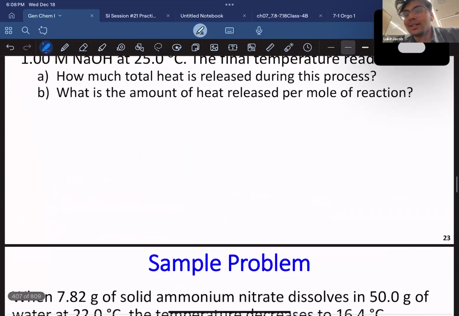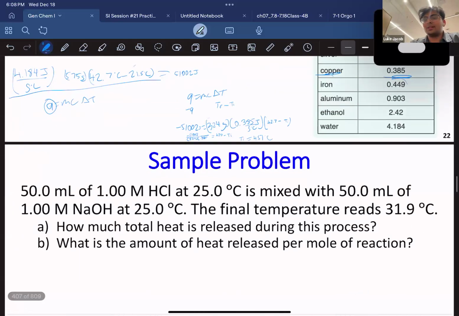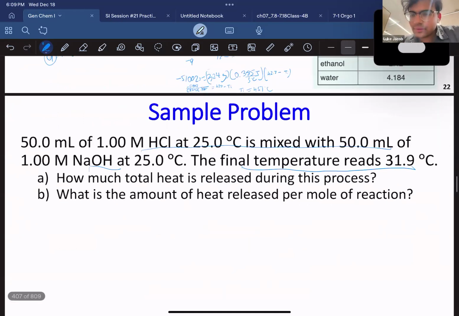Now, it's important to be able to recognize this and all the stuff with this, the HCl reacting with this, and the final temperature is this. I need to solve this one.